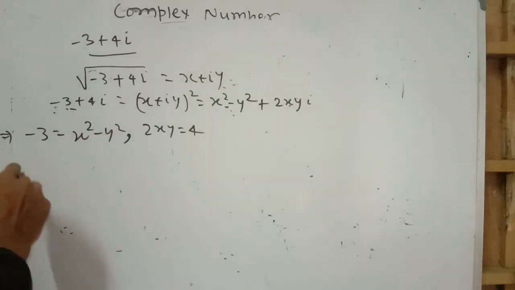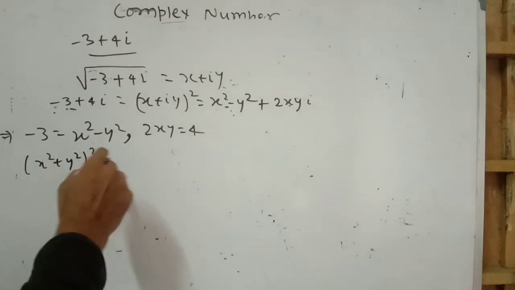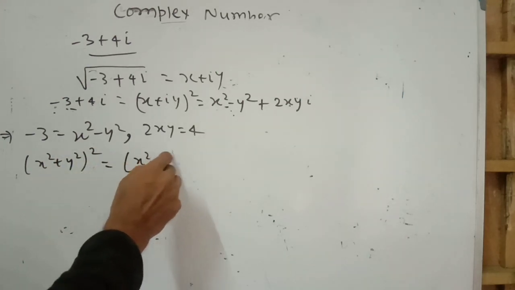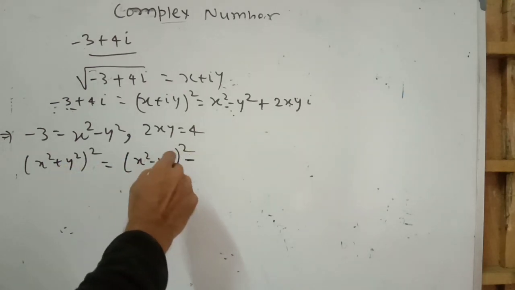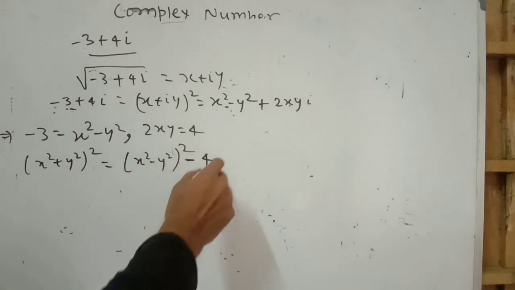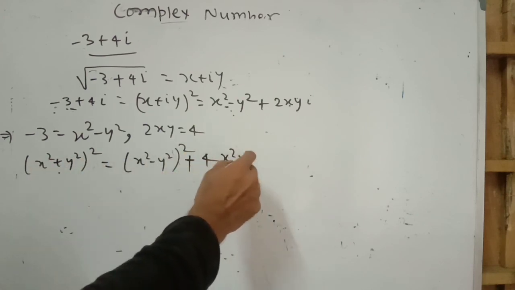With the help of the two equations we are going to find x square plus y square. So you can write x square plus y square whole square in terms of x square minus y square whole square plus 4x square y square.